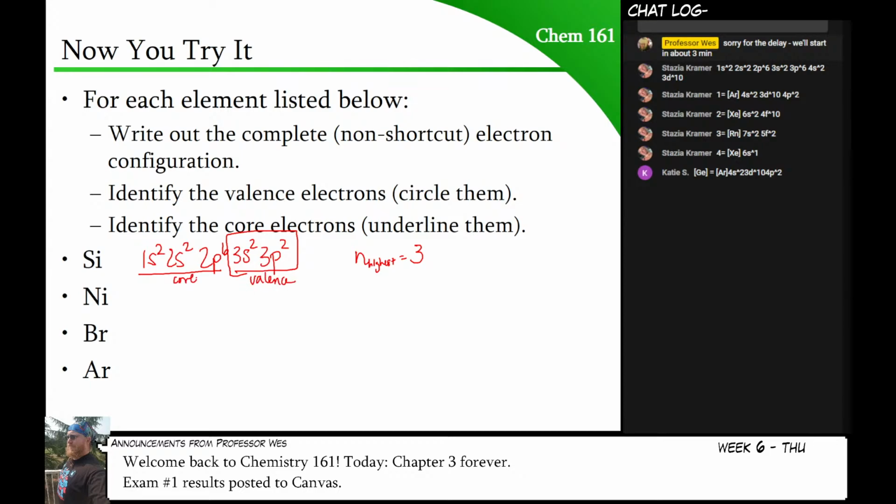Note that for some elements, you may have a region that you circle, and then a region that's core that you underline, and then you might circle it again. So if you had something like this, here's your valence electrons, it's these right here, and then this is core. So be careful about that. Don't just circle the whole thing.